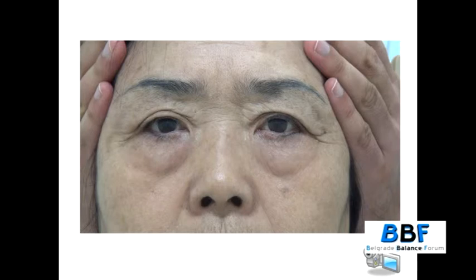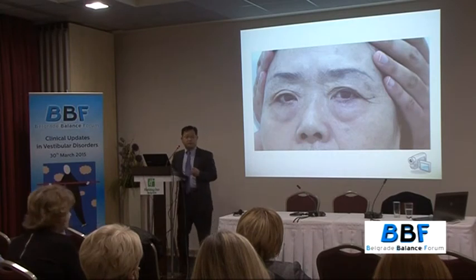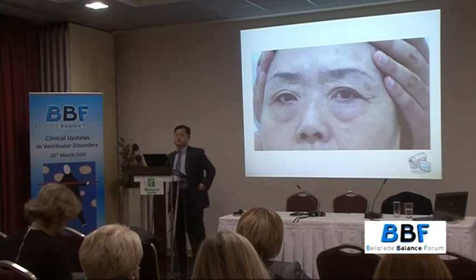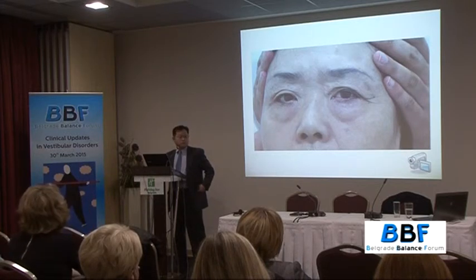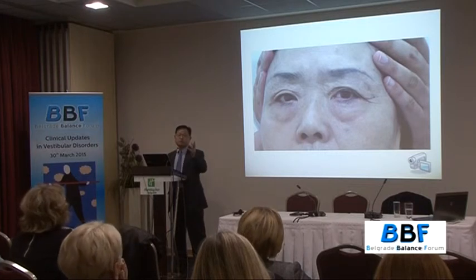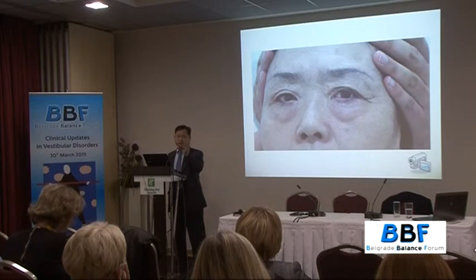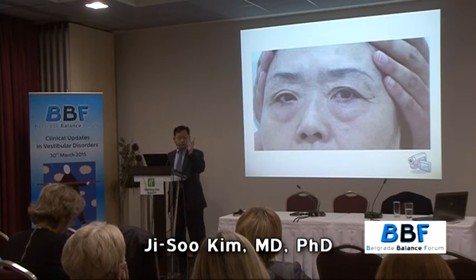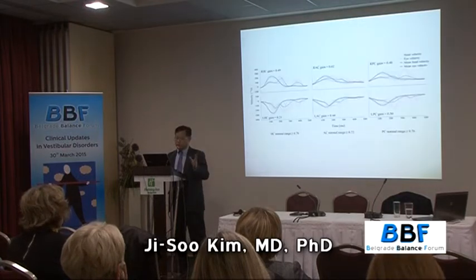Then can the head impulse test be positive in both directions in a CP angle tumor? Is it possible? Yes. Why? Yeah, compression of the flocculus. I told you before, the floccular lesion can cause impaired head impulse test in both directions.